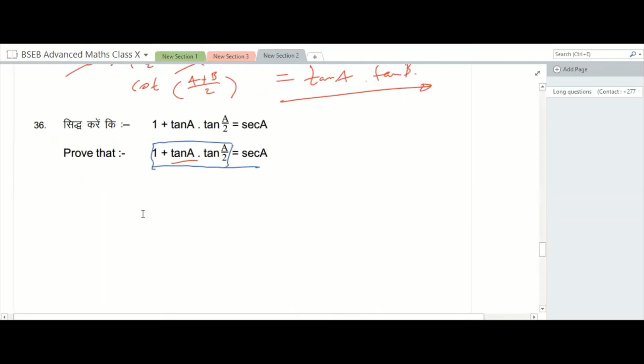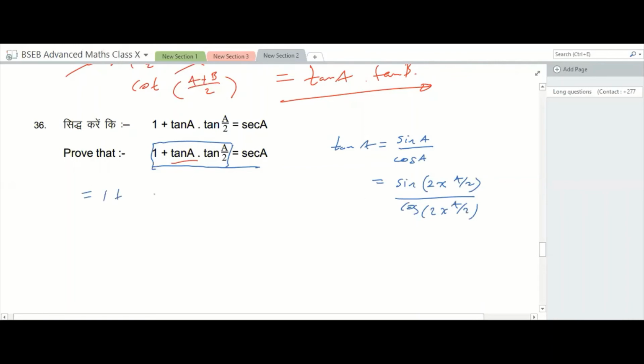So 1 plus tan A, remember tan of A is equal to sine A over cos A, which is sine of 2 times A over 2 over cos of 2 times A over 2. This would have been much easier.